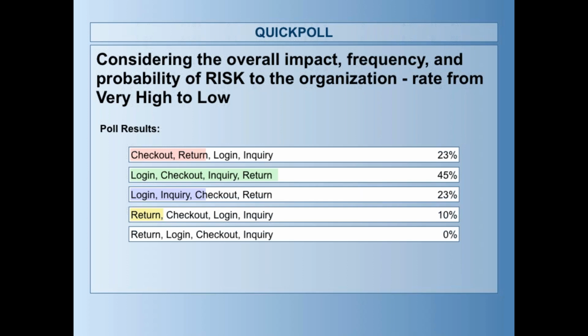But one of the things to keep in mind with this rapid scoring process is that you're providing your organization, your team, an opportunity to discuss it. So if somebody feels strongly and says, hey, no, wait a second, checkout should be the higher score, then it gives an opportunity for everybody to discuss it. So this can be done in a relatively quick fashion, and it's easy to implement.